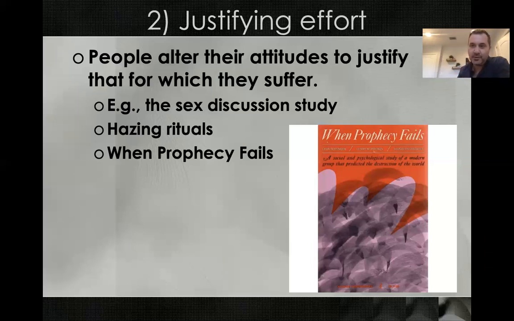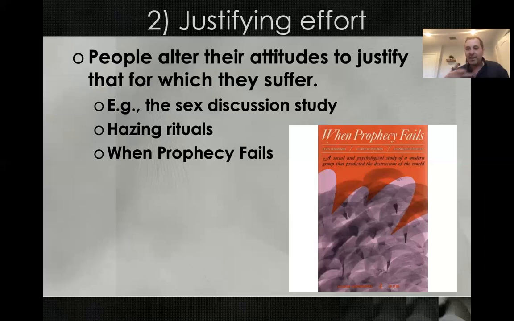And at 4 in the morning, Miriam Keach goes into another room, and she comes back a few minutes later, and she says, "Hey, I have good news. I've just talked to the Guardians just now, and they have told me that because we have spread so much light in the world about our cause, the Guardians have decided to stop the flood, and that's why they haven't come."